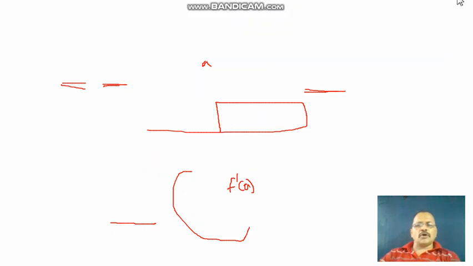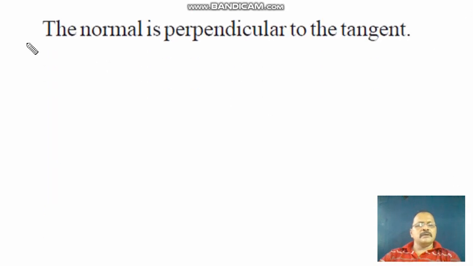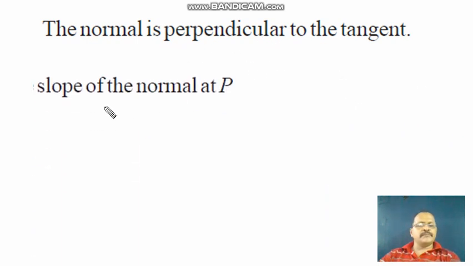Now let us see normal. The normal is the line perpendicular to the tangent, and therefore we know that the product of slopes of perpendicular lines is minus 1. So the slope of normal is minus 1 upon slope of tangent.